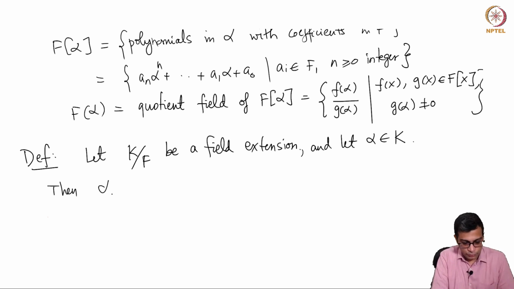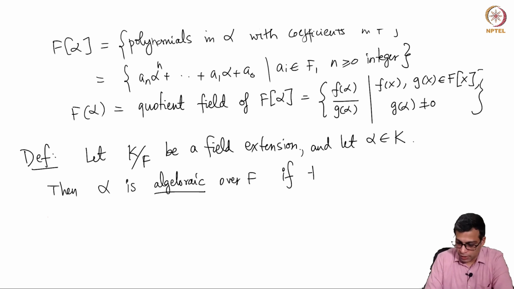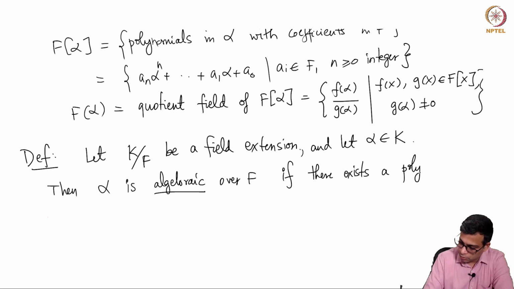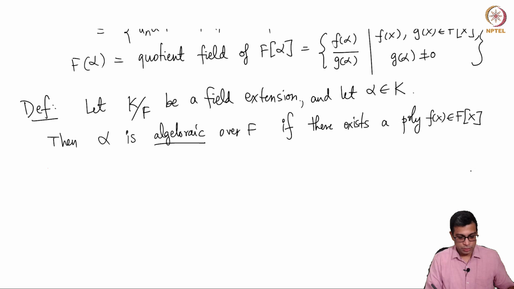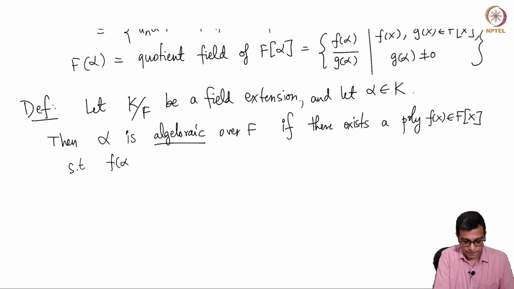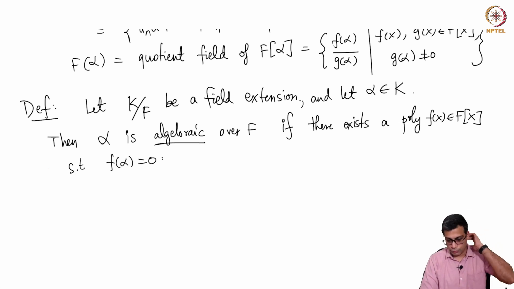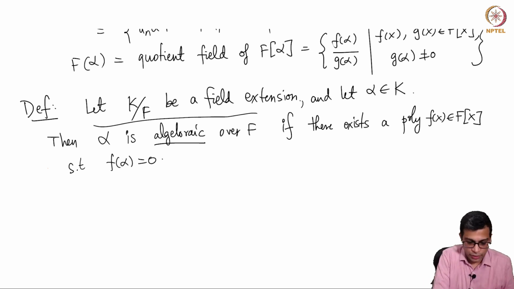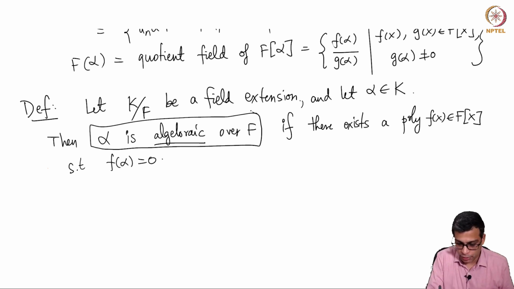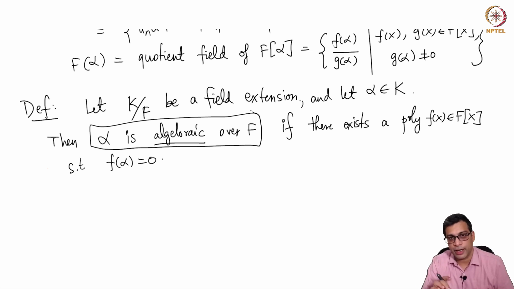Then alpha is algebraic over F if there exists a polynomial f(x) in F[x] such that f(alpha) is 0. Okay, so we say that alpha is algebraic over F. This entire phrase is important. As we'll see, being algebraic is a statement about the element and the base field.